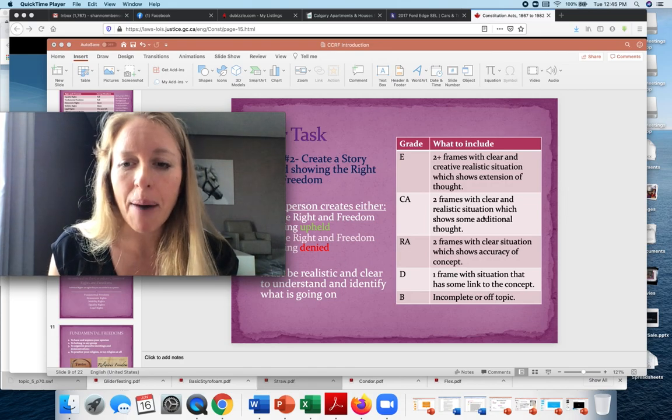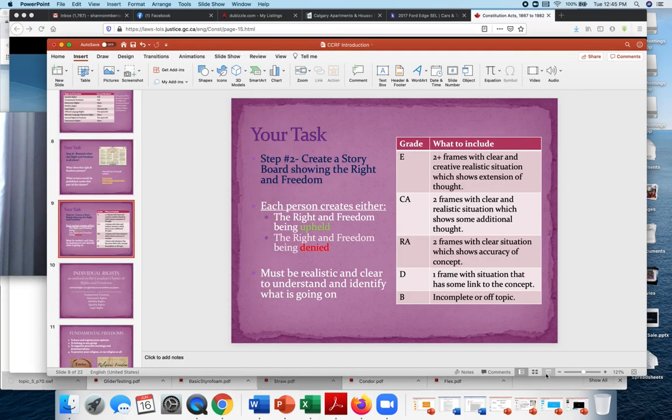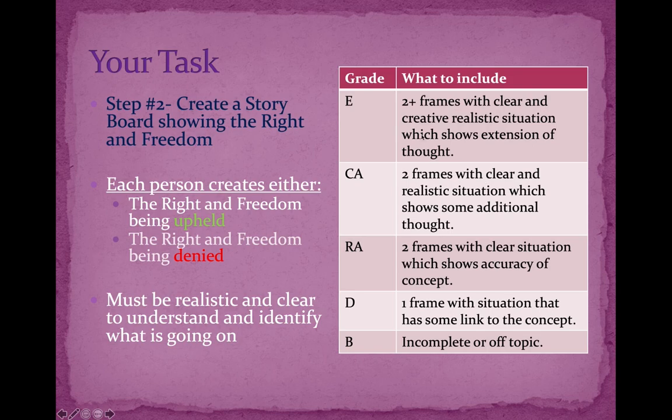Okay. Now, to go over this rubric a little bit, I guess we haven't gone over it at all. So, what to include? To get an E, 2 plus frames, so you would still do 2, as long as they show a clear, creative, realistic situation which shows extension of thought.